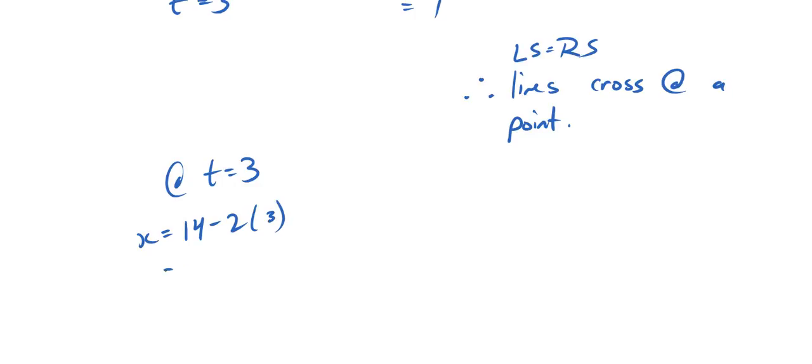So 2t is 2 times 3, so this is 8. y equals negative 1 minus t, so minus 3, so that's negative 4.